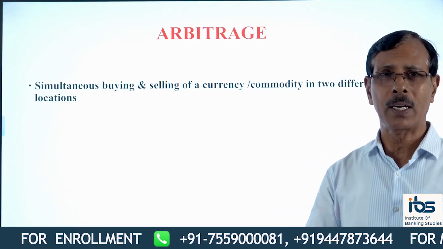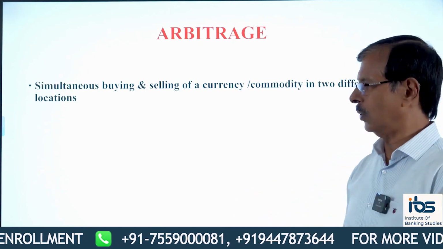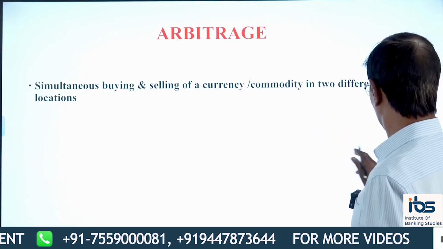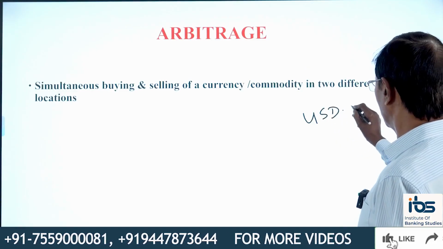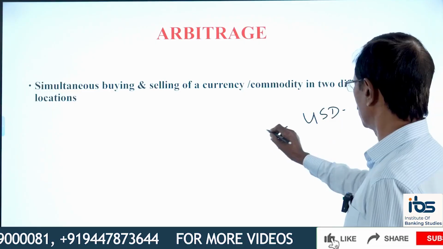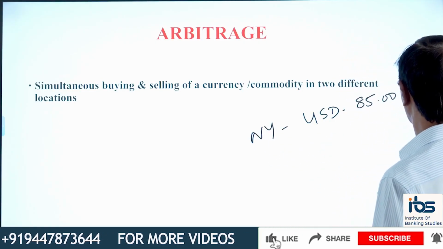So what will an arbitrator do? He will look at two different markets. Let us assume in the US, a person buys US dollar when the rate was 85. Suppose this was the rate in New York, 85 Indian rupees.